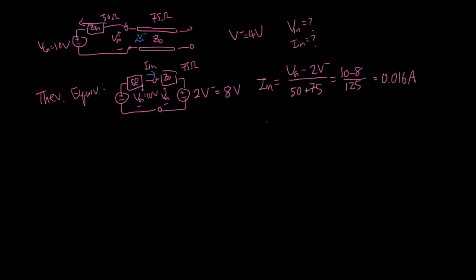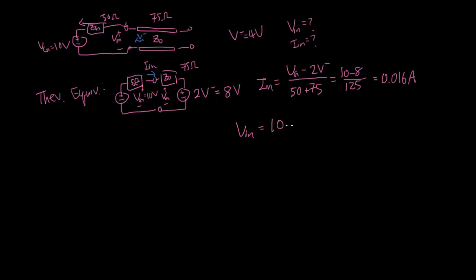0.016 amps. And then similarly, V in is going to be your 10 volts over here, and you know the current, so you just have to subtract out the voltage drop across this 50 ohm resistor.